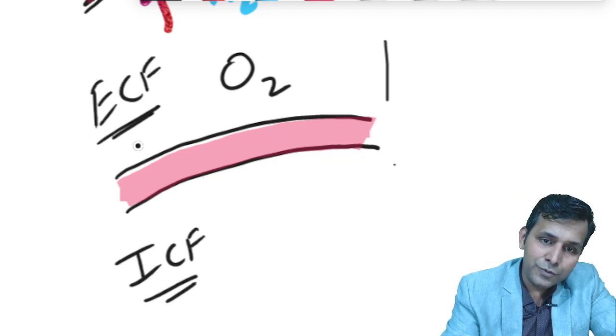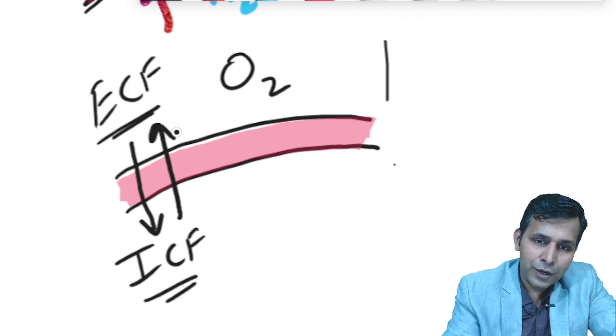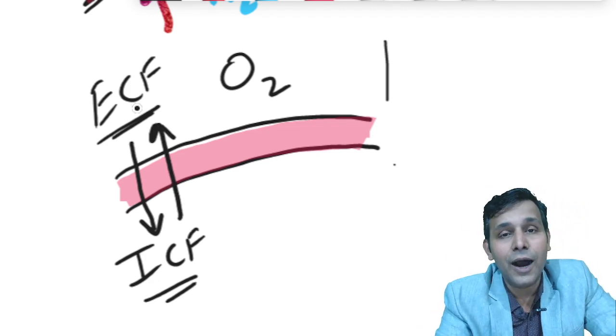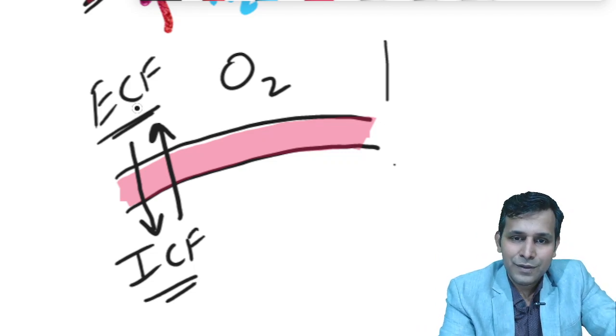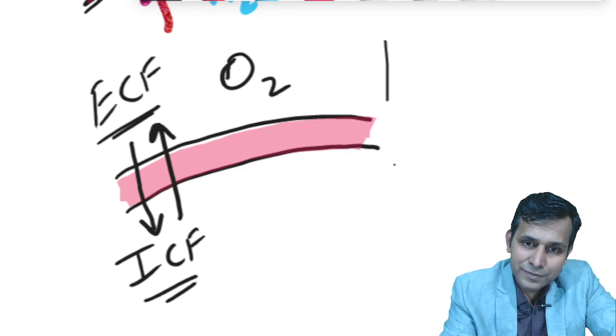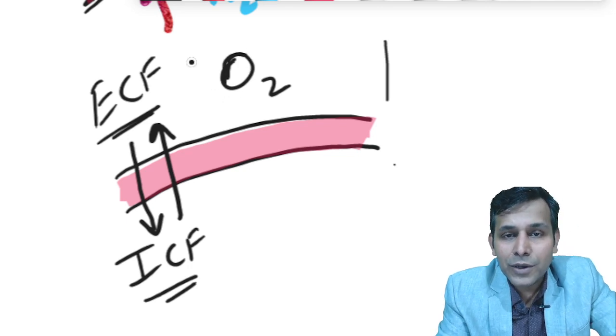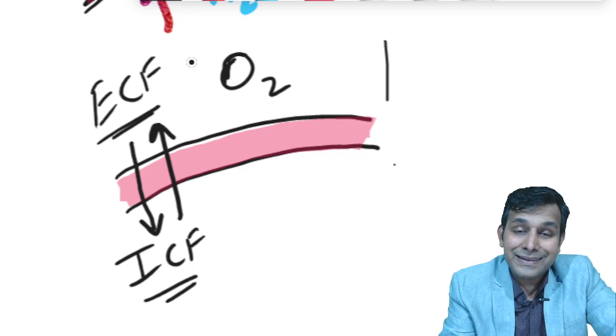The molecules are going to move either from outside to inside or from inside to outside. Molecules will move, but how and when and where do they move? Let us assume the example of oxygen. Oxygen is a neutral molecule. Neutral means it doesn't have any charge.